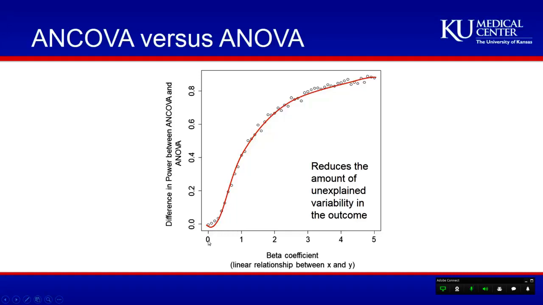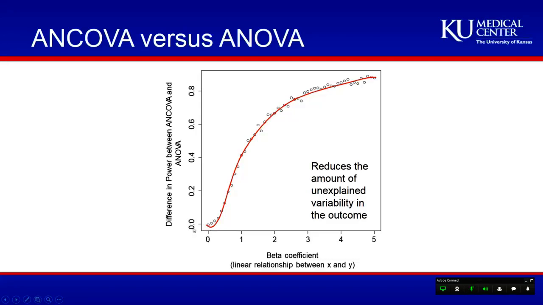If my slope is equal to 0, meaning there's no linear relationship, the nuisance variable actually isn't a nuisance variable at all because it has no impact or predictive power for the outcome. Then if I do analysis of covariance, I really get no benefit because that nuisance parameter doesn't describe any additional variability in the outcome. So I could just do ANOVA and get the same level of power in my test.